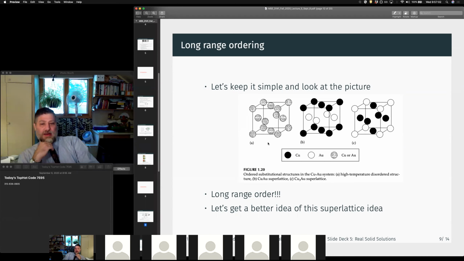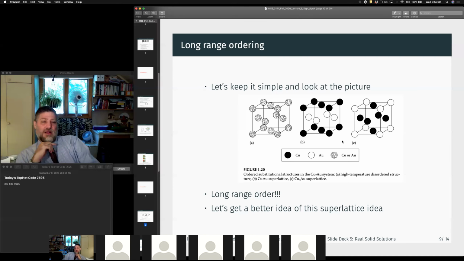At high temperature, there is no preference whether these FCC lattice sites are going to be copper or gold. In the upper limit, close to melting, this is going to be perfectly random. But as we cool down, depending on the composition, there is a strong preference for these layered structures to form.